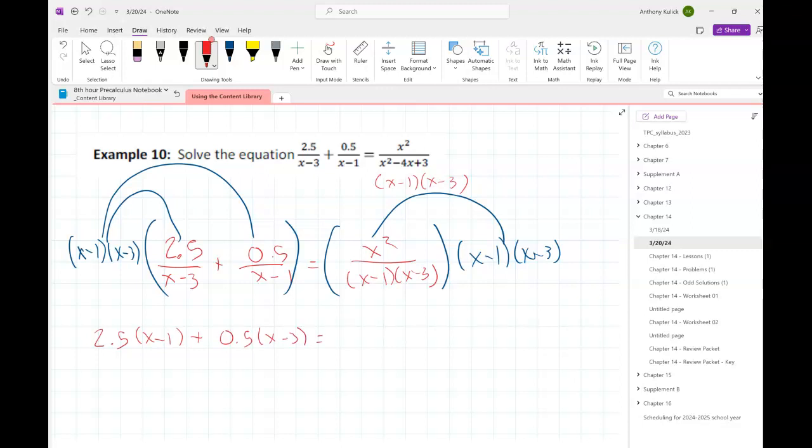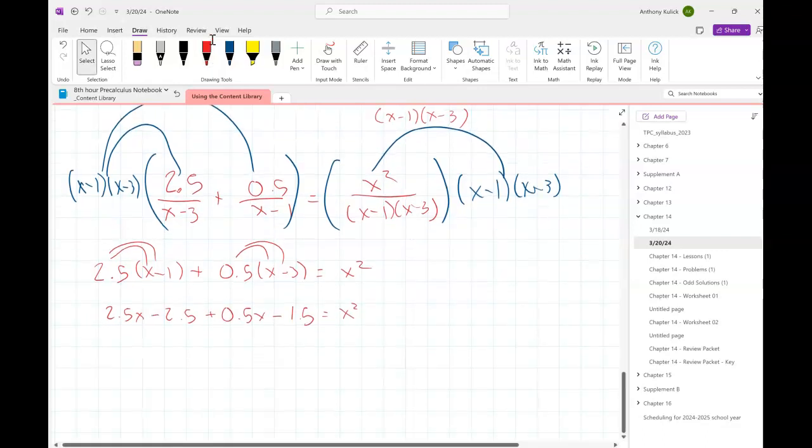Excellent. And when I multiply it to x squared over x minus 1 times x minus 3, I get x squared. Let's distribute everything through. So that's 2.5x minus 2.5 plus 0.5x minus 1.5 equals x squared.